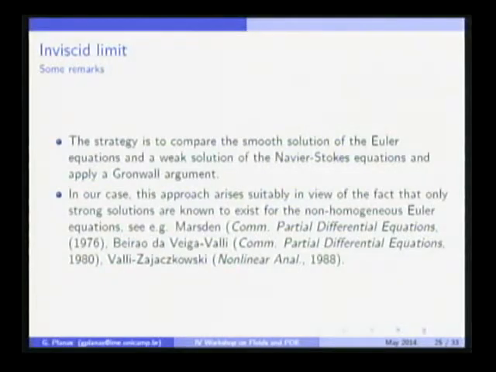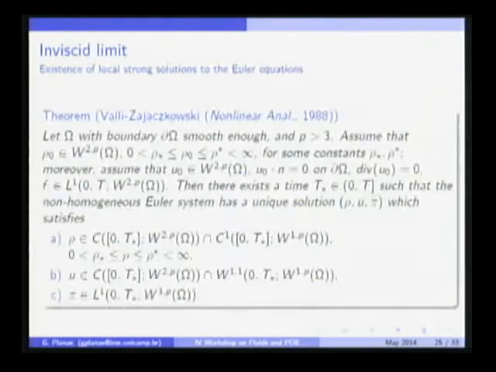We will consider the one more suitable to our situation, the solution given by Bali and Sadkowski. This is a little more general, I think. The result is: omega is a bounded domain, p is greater than 3, and we have a smooth initial density which is bounded from below and from above.